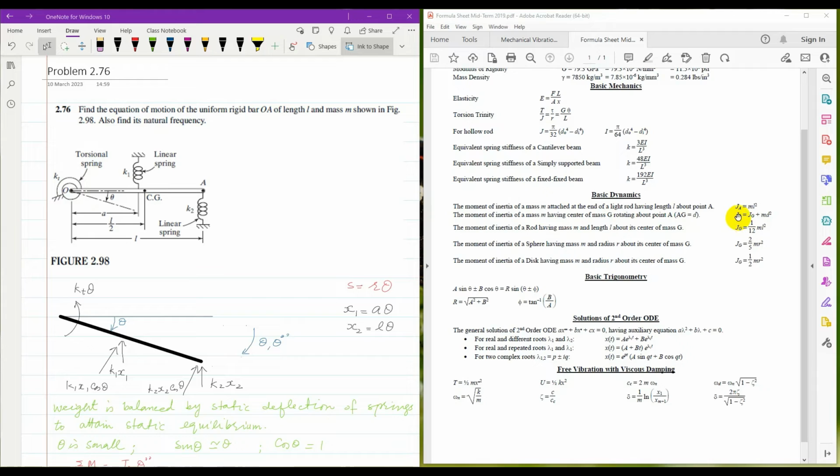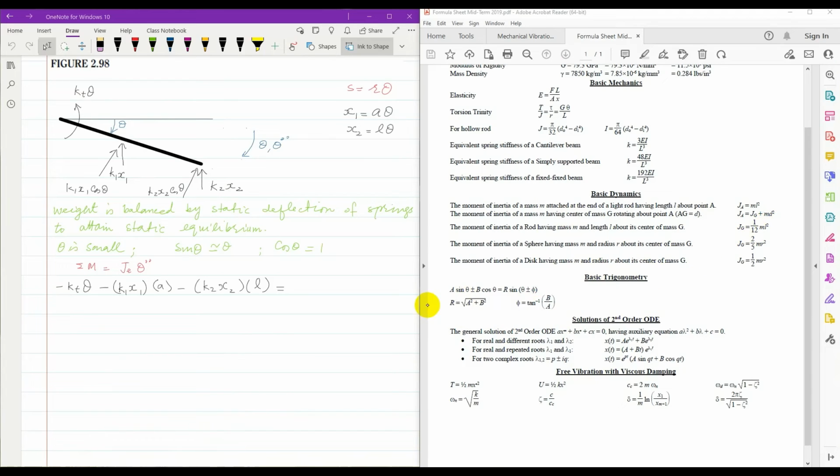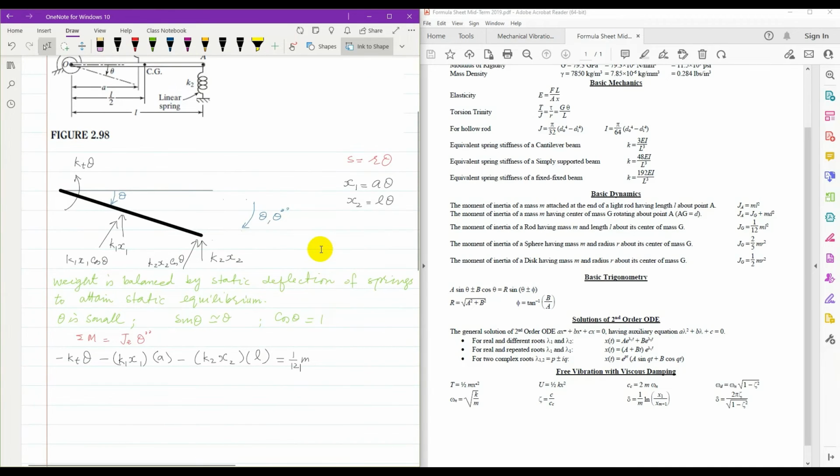So it is equal to 1 over 12 m L squared plus m d squared, where d is the distance between the center of mass of the rod and the point of rotation, d equals L over 2, so that is L over 2 squared, times theta double dot.